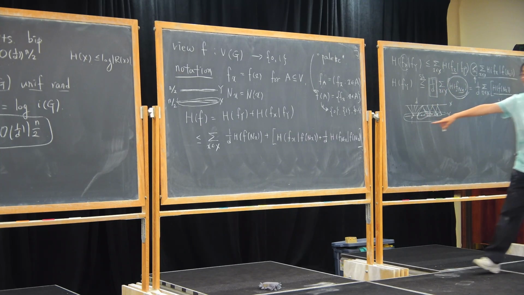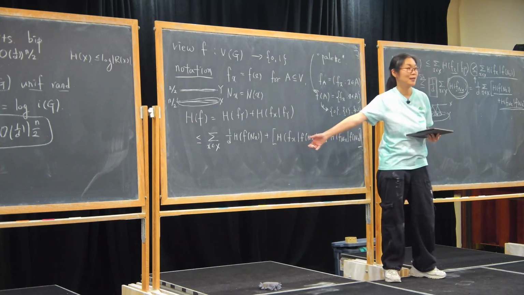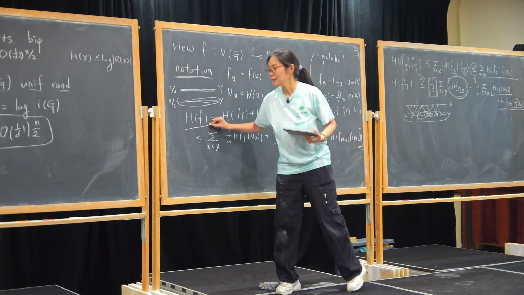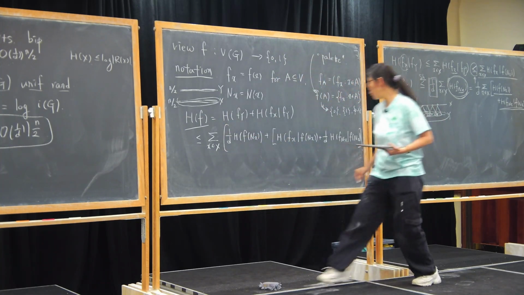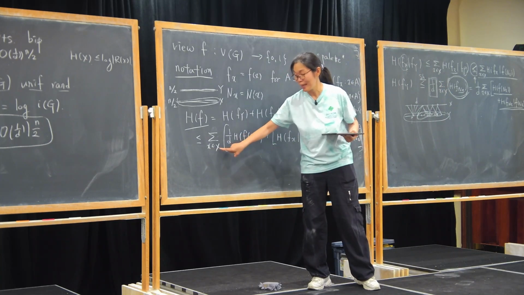So here, nothing technical happened. I just moved those things to here. And what it says is this amount is bounded above by the summation for each vertex in the X part.